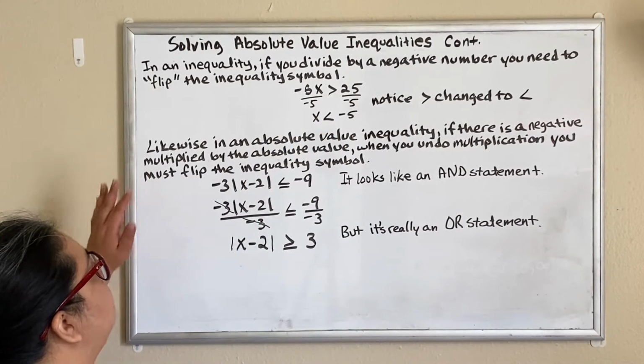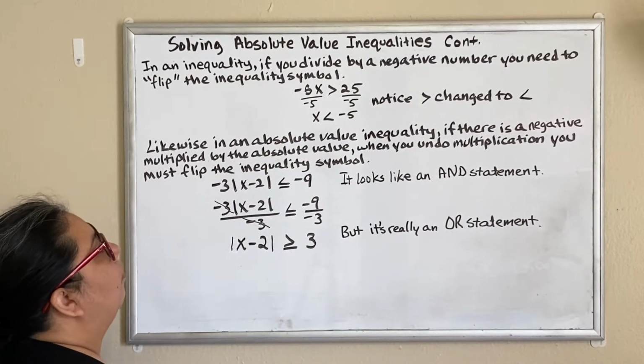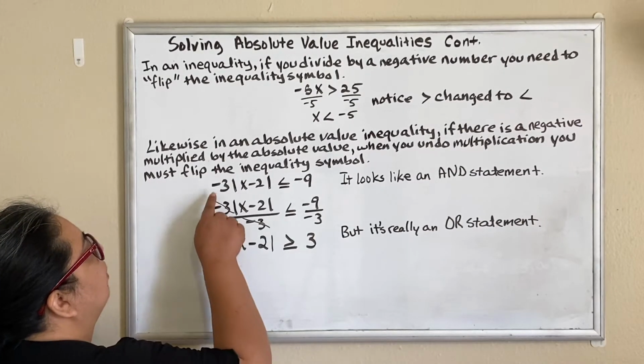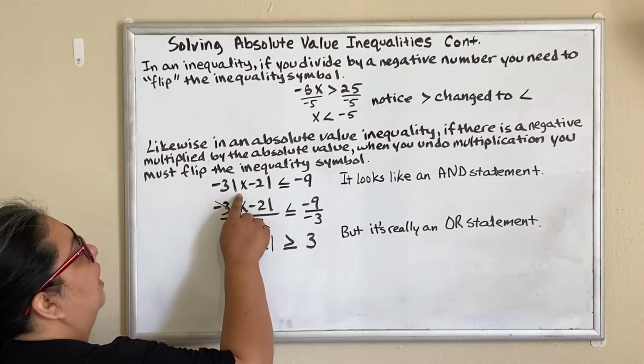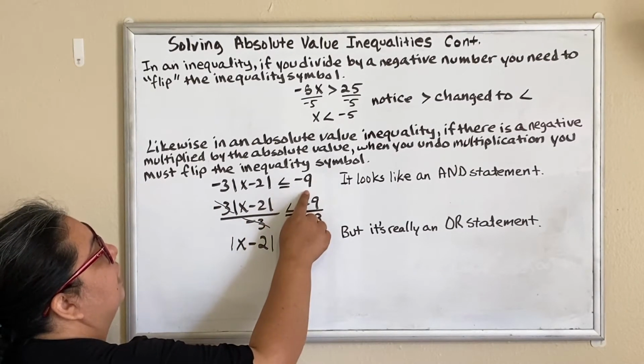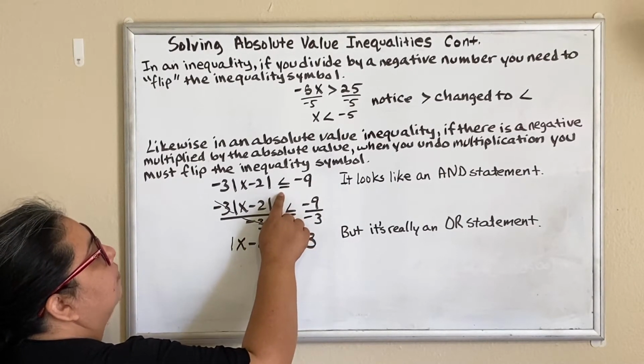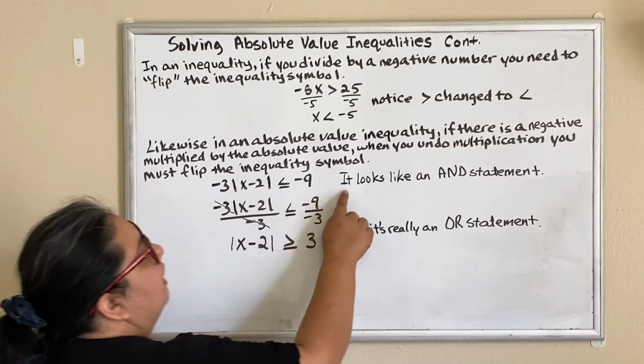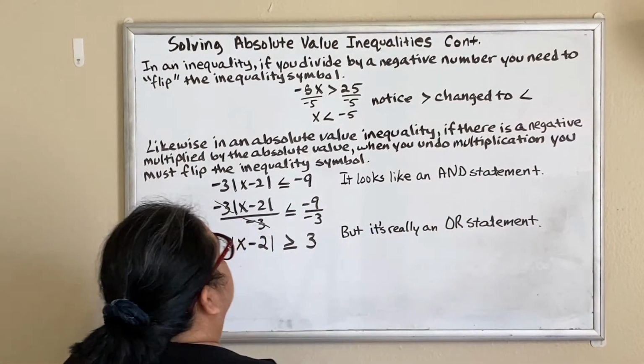So the same thing happens in an absolute value inequality. So here I have a little example. Negative 3 times the absolute value of x minus 2 is less than or equal to negative 9. So the way it is right now with less than or equal to, it looks like an and statement.